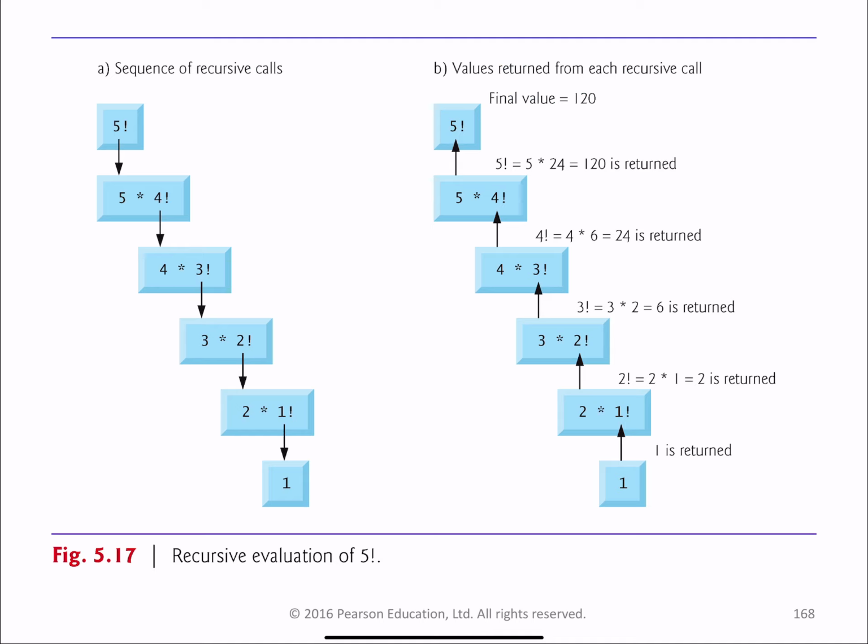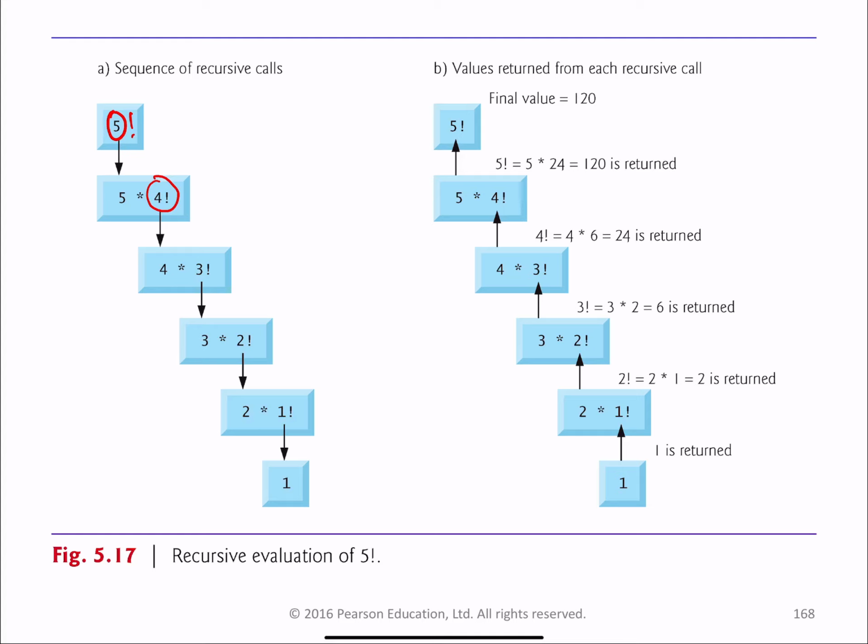Let me just show you how this program will work if we give it an example. If you compute the factorial of 5, it would return the value of 5 times 4 factorial. Now 4 factorial will initiate another call to the factorial function, but with argument 4.